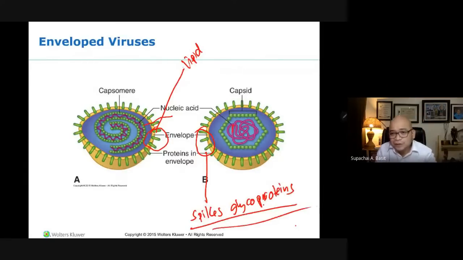If there are mutations in the spike glycoproteins, that's the reason why there are strains or variants of a certain virus, because it keeps on mutating. Hence, there would be a different appearance of the spike glycoprotein. And this explains why your coronavirus, after quite some time, will mutate and a new variant develops.